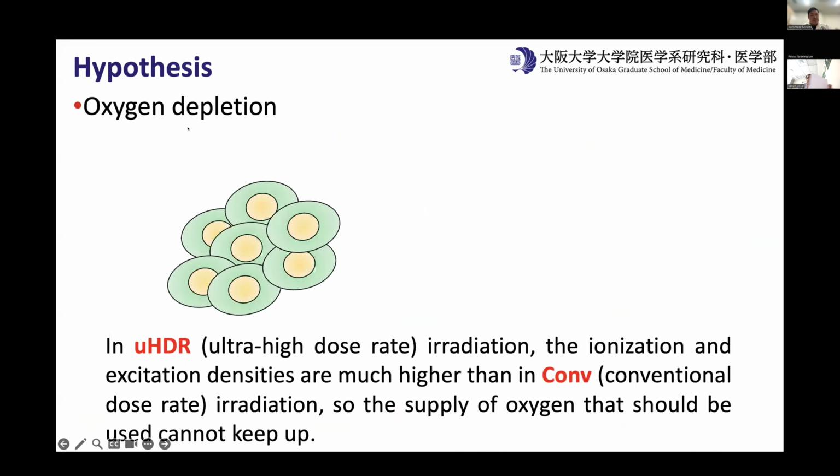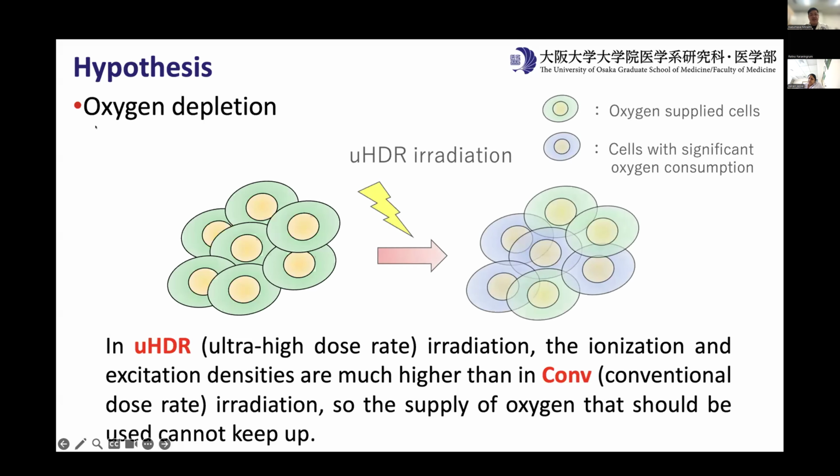So one of the initial hypotheses is oxygen depletion. In ultra-high dose rate irradiation, the ionization and excitation density is much higher than in normal dose rate irradiation.